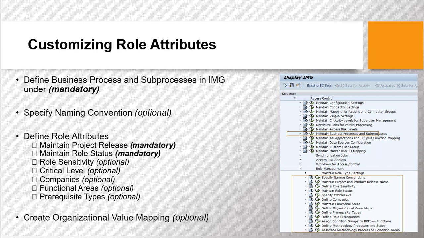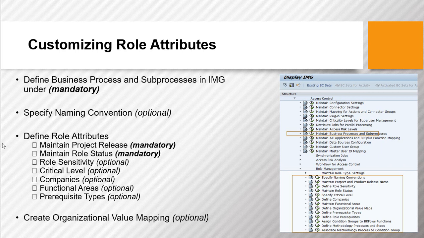But having a role naming convention defined as a customizing step, I think it's a good idea. We'll see what it is and take an example of configuring a role naming convention for our roles: single roles, composite roles and derived roles.